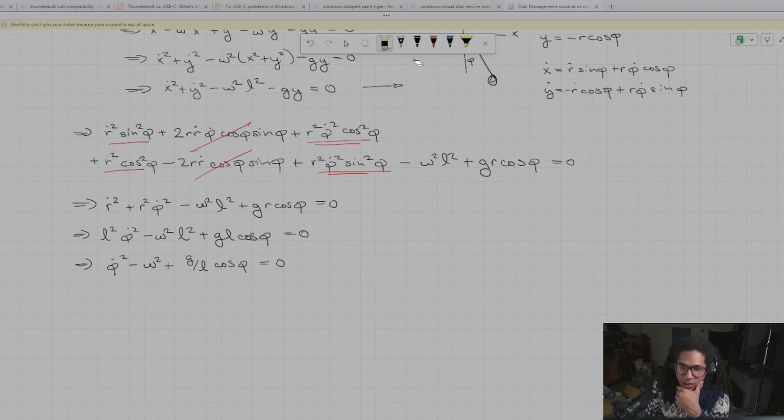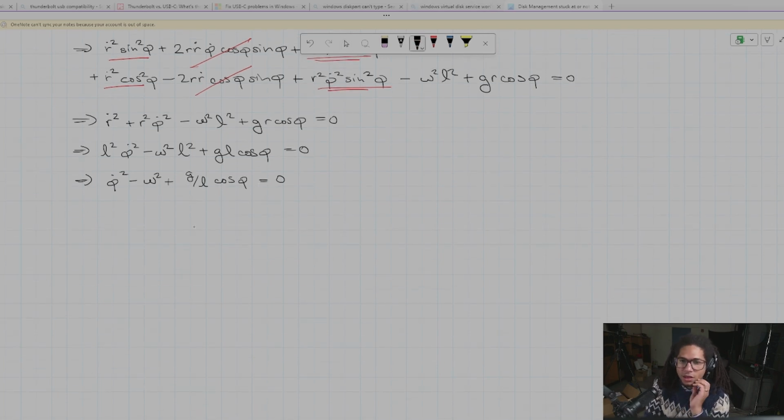Okay, the issue here is that I still don't actually know what omega is, but this is going to allow me to solve for omega in terms of things that I do know. So in particular, this lets me say that omega squared is equal to, well, if I move it to the other side, phi dot squared plus g over L cos phi. Okay, let me box that equation.